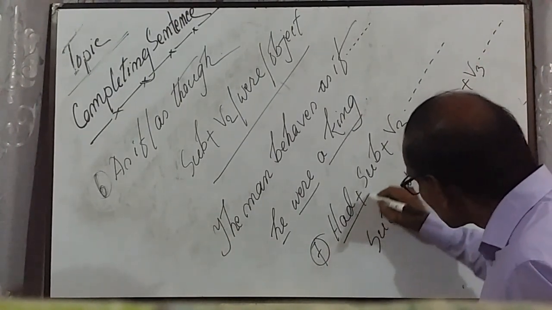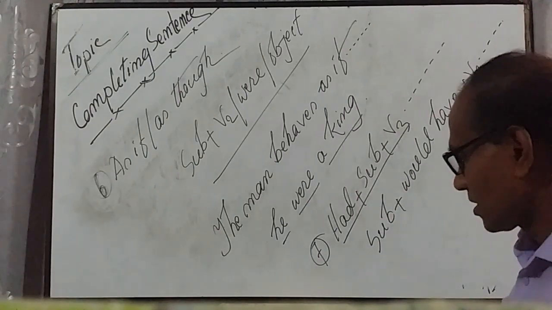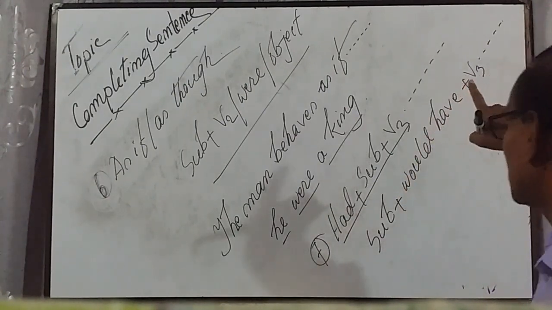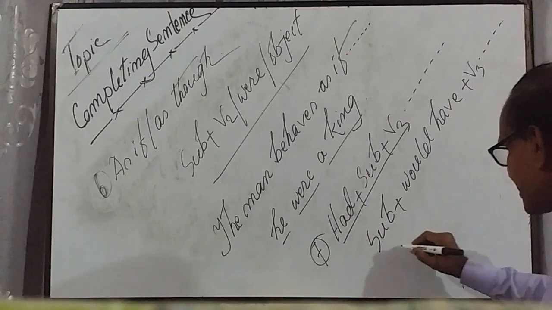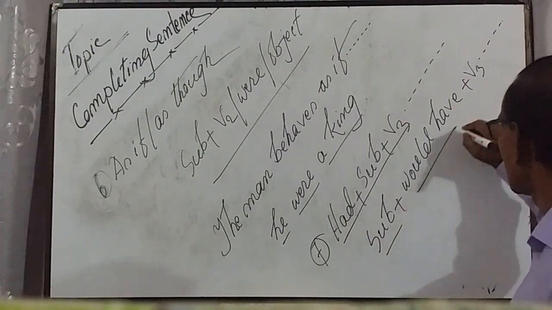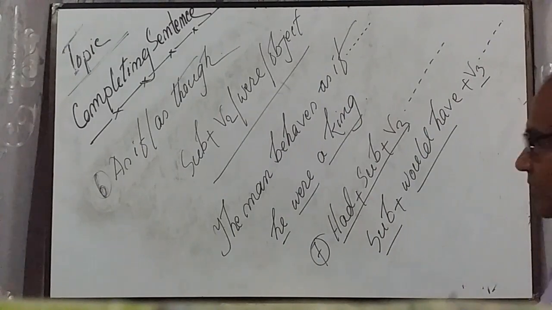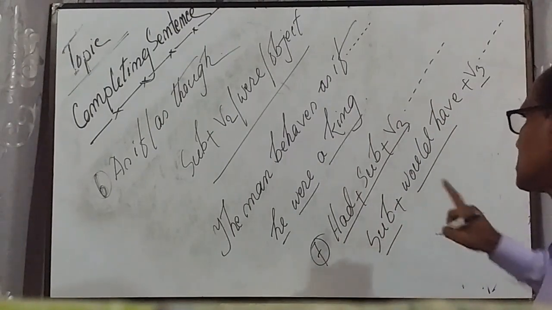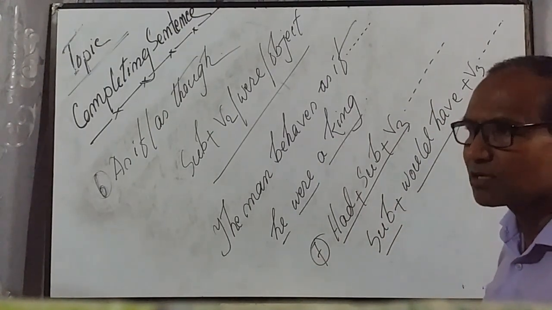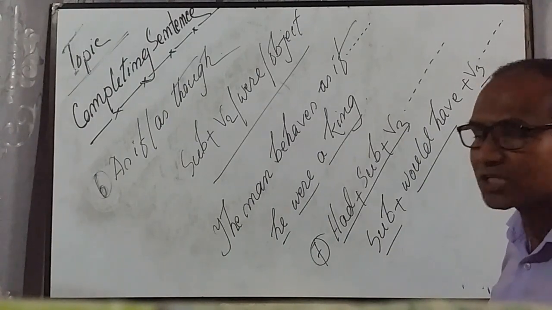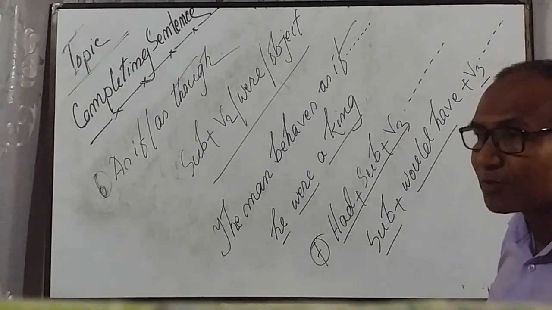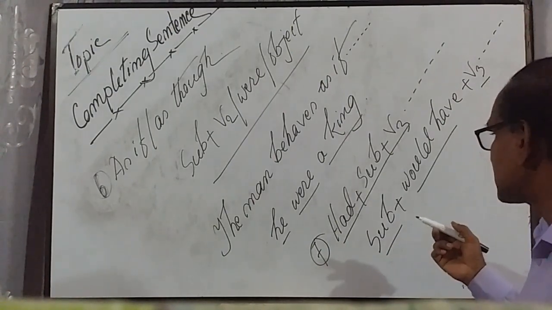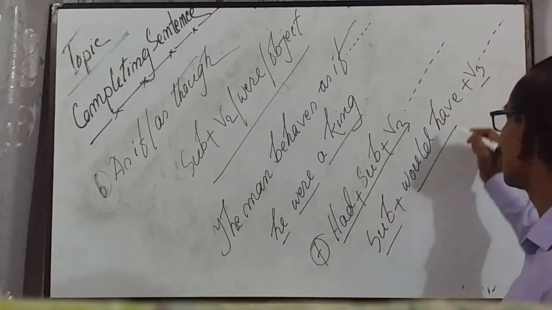If the structure goes like this, had plus subject plus B3, in that very gap you have to write another subject, then would have, then B3, then extension. This is the structure. But the meaning of this sentence is something probable or awaited, some expectation you had, that kind of expectation you could not or cannot fulfill. In this kind of sentence, you have to use subject plus would have plus B3.